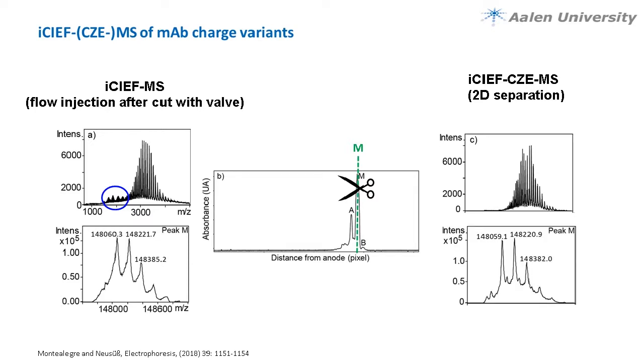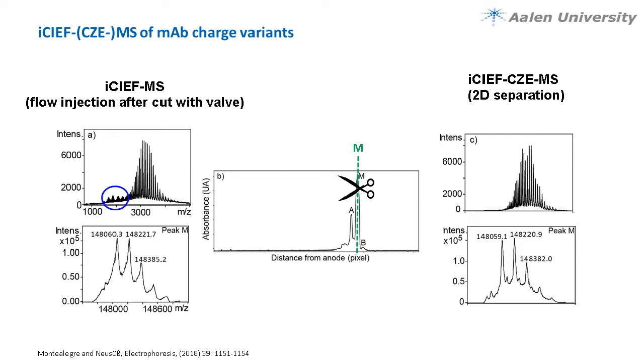If you compare, on the right-hand side you see the deconvolution from the two-dimensional setup, on the left-hand side from the direct infusion, and you still see some adduct formation in the direct approach. This was using hydroxymethylcellulose at that time, and later on we could avoid this, because that is what causes the interference here, which we separate out if we have a real two-dimensional system.